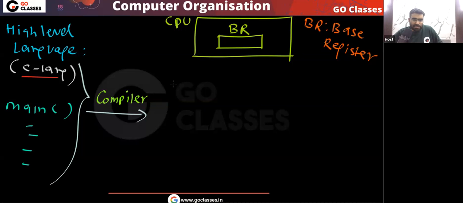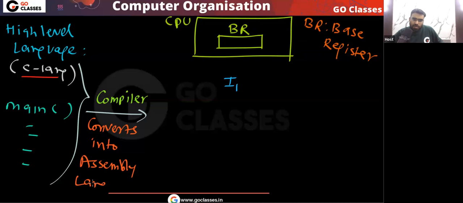The compiler will convert your code into assembly language.